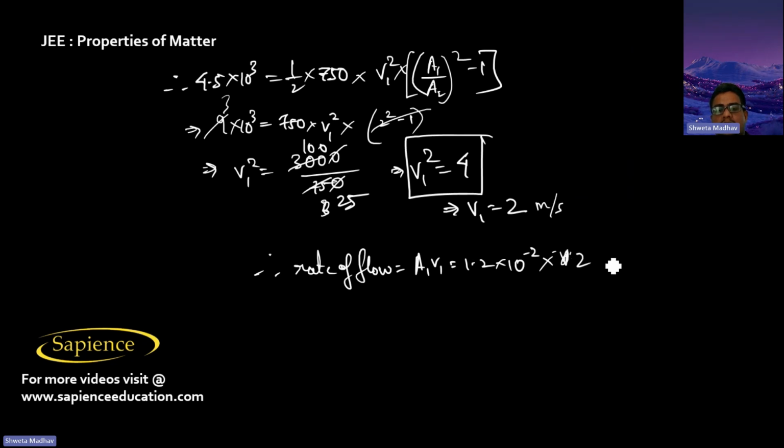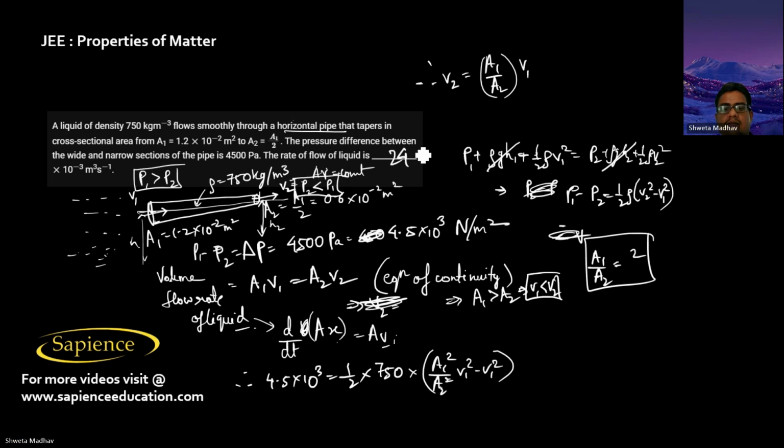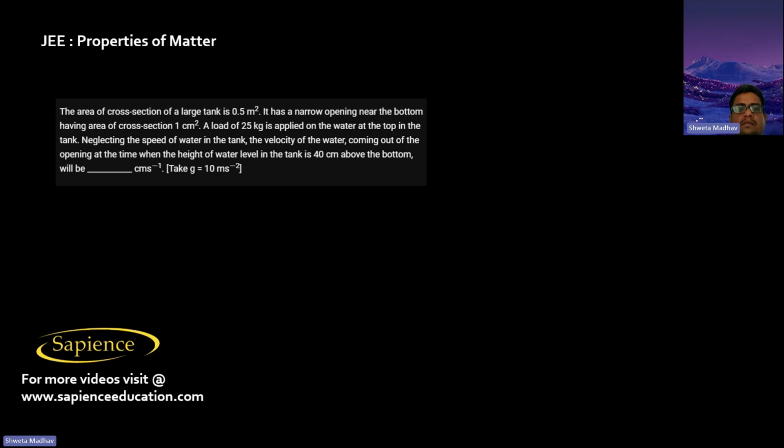This much will come in meter cube per second, which will be equal to 2.4 into 10 power minus 2, or I can say 24 into 10 power minus 3 meter cube per second. So it means the answer is 24.